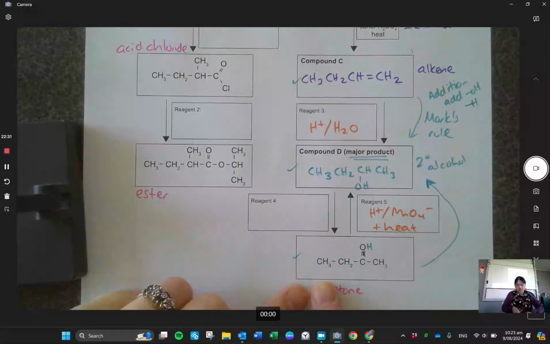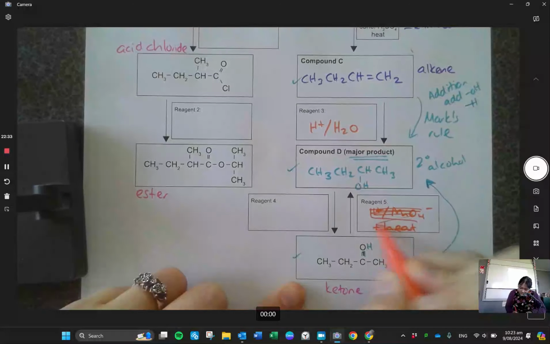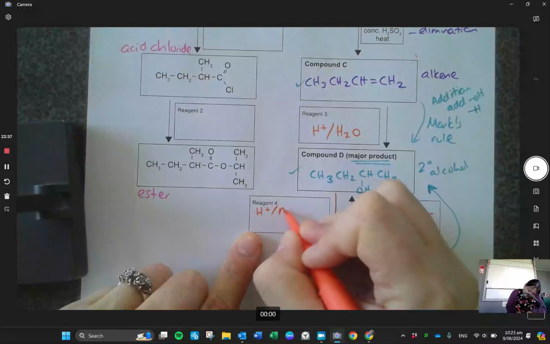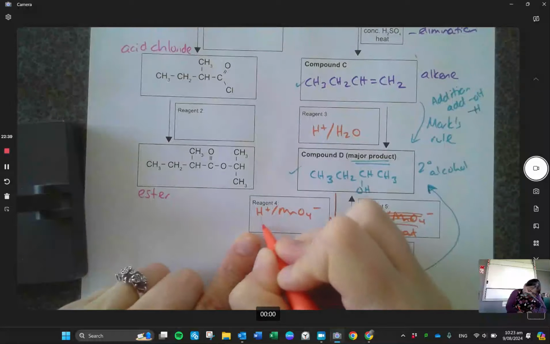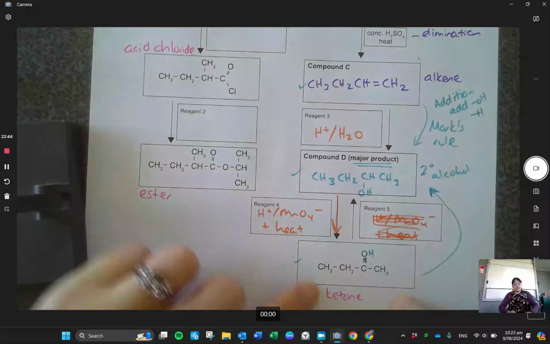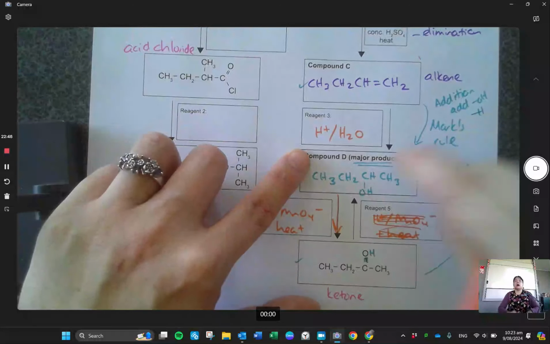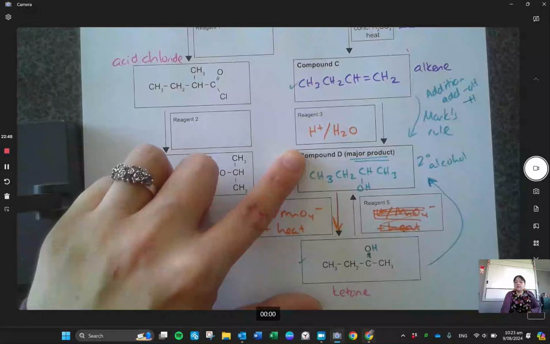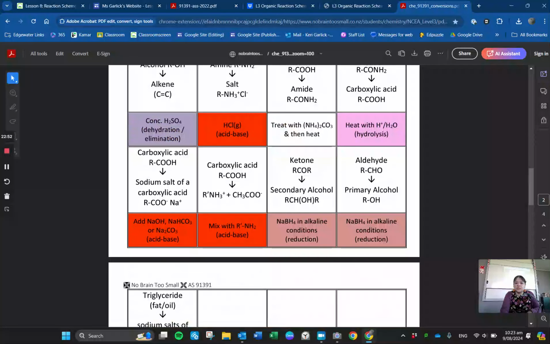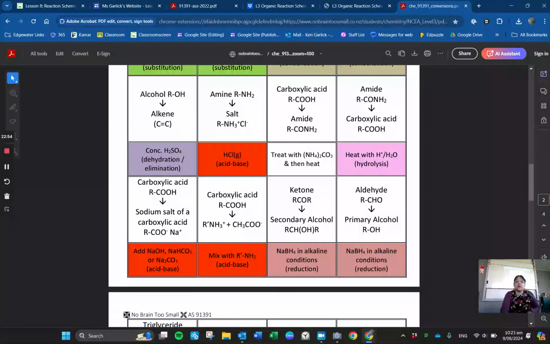Now they want me to, oh, sorry, that should go here. Forward arrow. Don't do silly stuff like that. Be better than me. Okay, this one here is going in reverse. If I want to go from ketone back to a secondary alcohol, how would I do that? Again, you've got to have these memorized. We are looking for the reverse of that reaction, which I believe is down here.